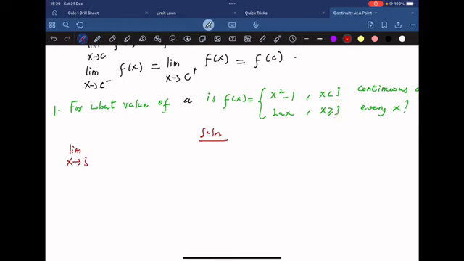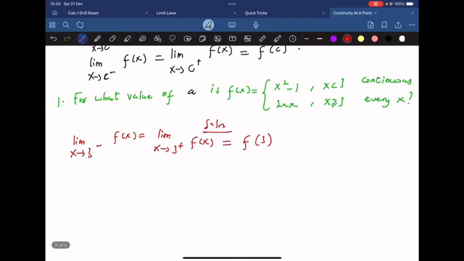So 3 from the left of our function should be equal to the limit as x approaches it from the right for f of x, and this should be equal to f evaluated at that point, so 3.